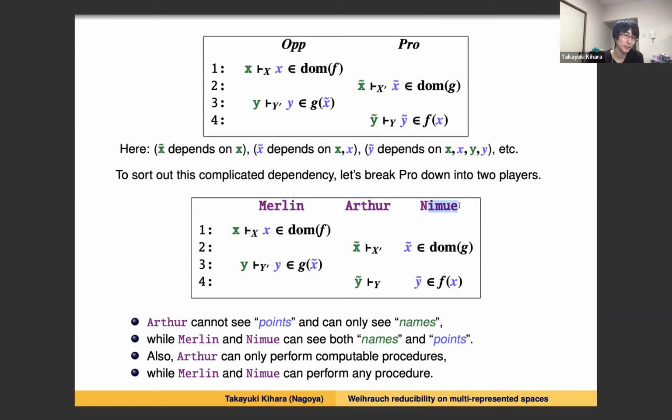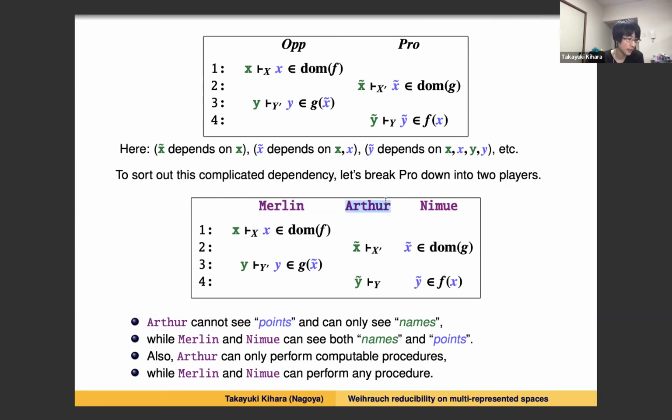In that context, Mari is a player with some kind of transcendental computational power, and Asa is the player with only feasible computational power. So in our case, Mari can do any uncomputable things, but Asa can only do computable things.